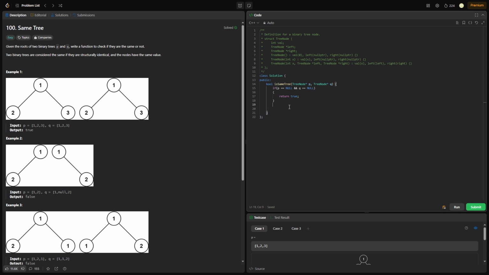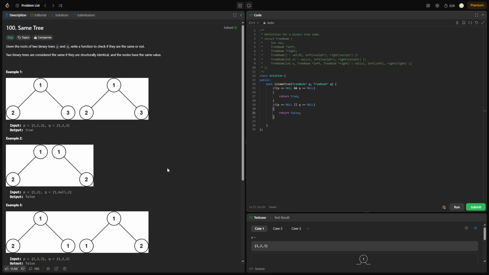Okay, now we also could have another case, which is if P does not exist or Q does not exist, that's where we return false, right? Because that would be like this one where we go right, and you see P does not exist, and we're at this one though, and we go right, and Q does exist, right?